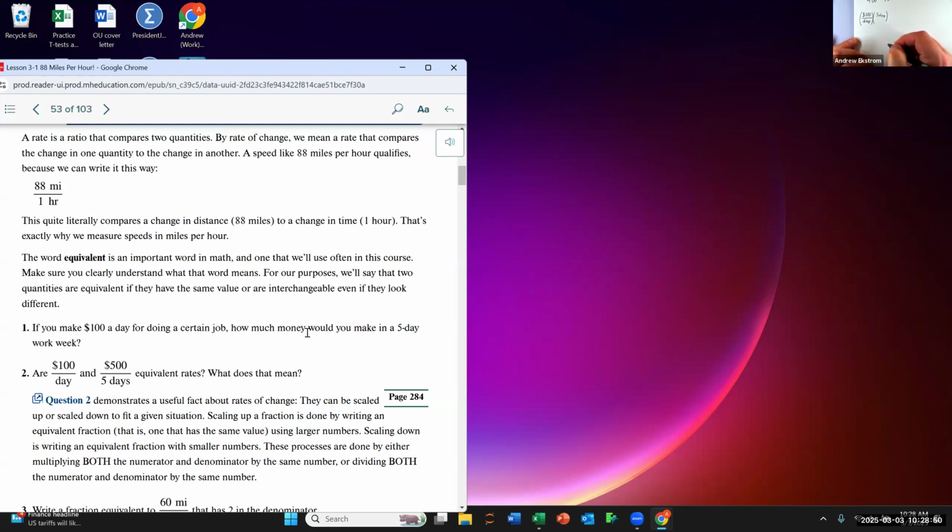And much like all that stuff that you all hated about dealing with fractions, I've got day on top, I've got day on the bottom. So those are going to cancel out. So according to this, if I work 5 days, I'm going to make 5 times $100, so $500.